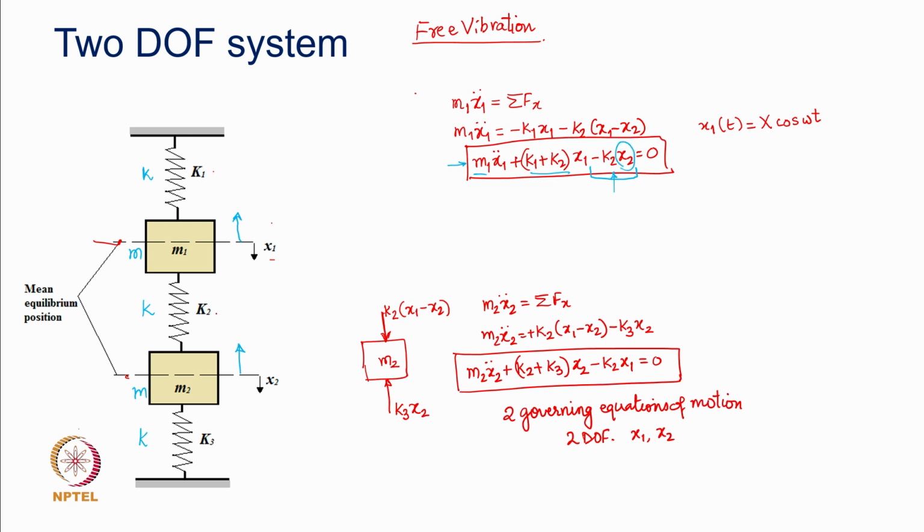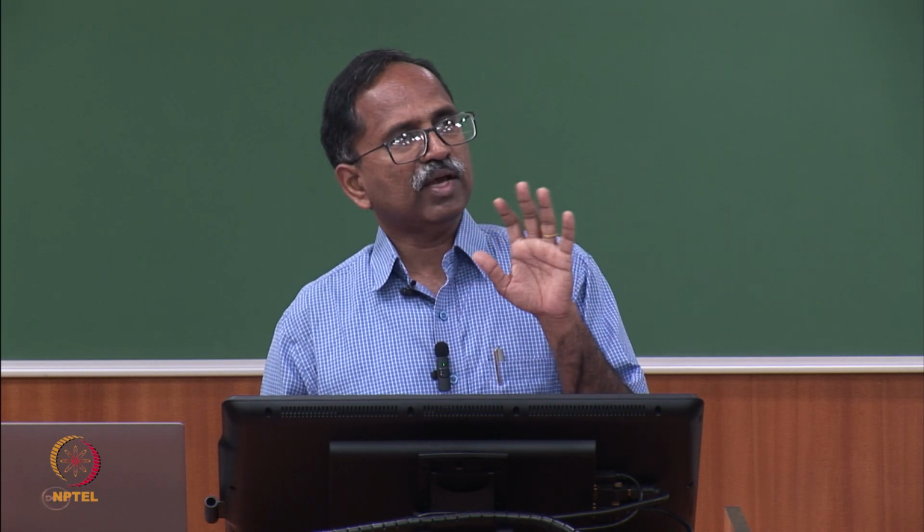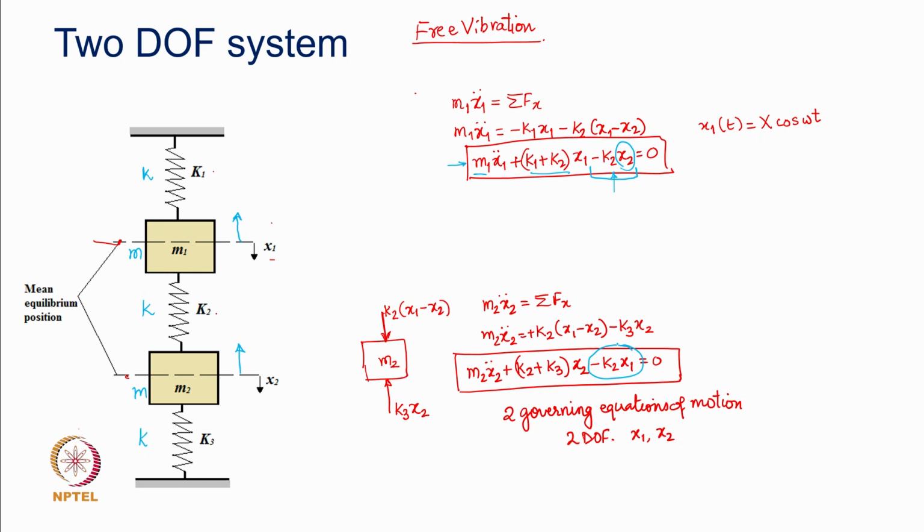So, the equation is not independent only in x, it has a term that is coming from the second mass x 2, which means that you cannot have independent x 1 motion happening. The moment there is x 1, there would be x 2, and whenever there is x 2, there will be x 1. Same thing is happening here. See this term of the equation, the two equations are coupled. So, they are not independent in x 1 and x 2.